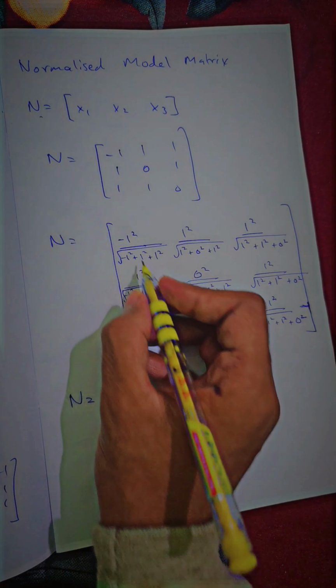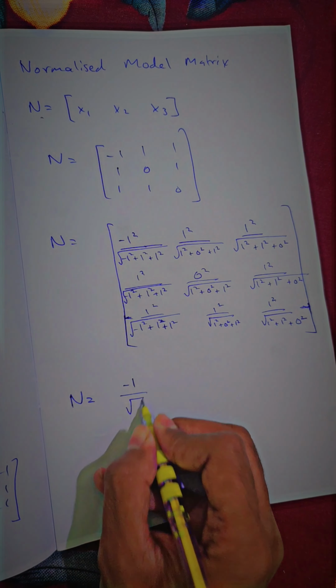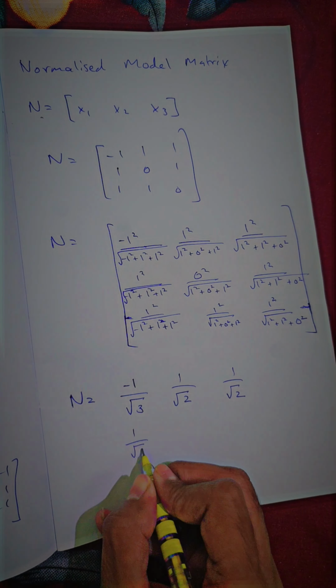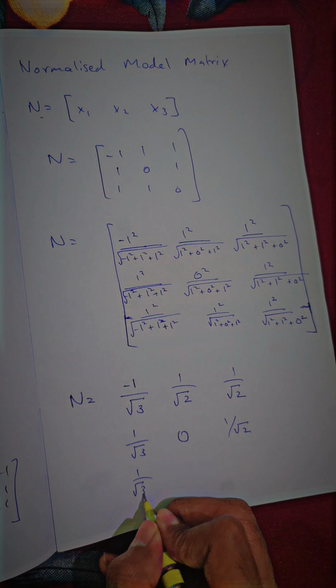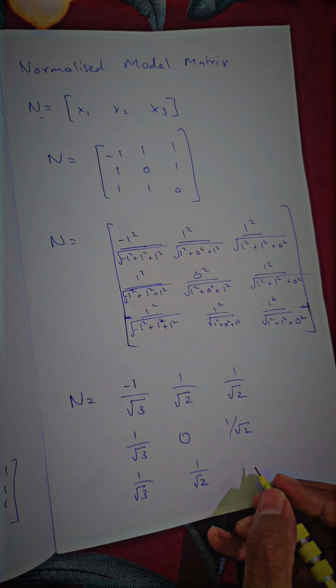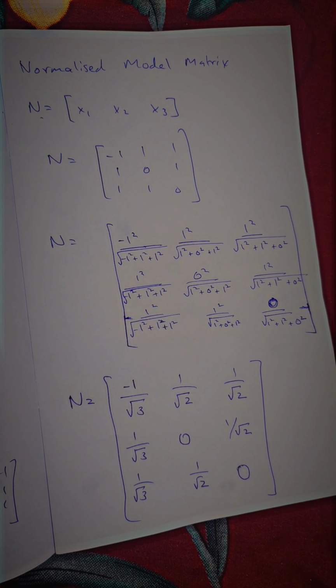So N is equal to, what is remaining here, minus 1 by root 3, 1 by root 2, 1 by root 2, here 1 by root 3, 0, 1 by root 2, so 1 by root 3, 1 by root 2, and here 0. This is the normalized modal matrix.